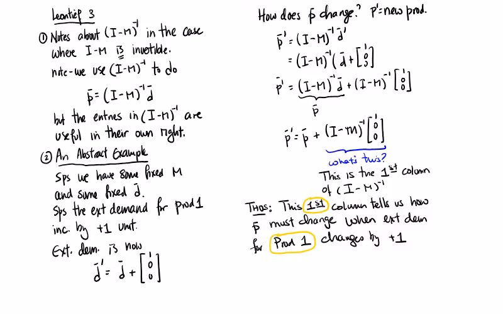So this leads to a general rule. Let me clear the screen, I'll give the general rule, and then we'll look at an example, and then we can dig in and play a bit.